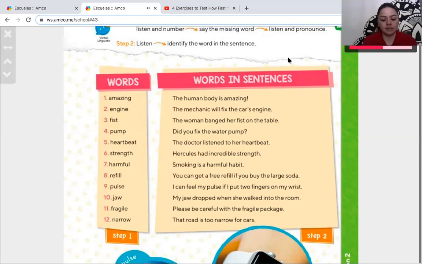Amazing, amazing. Narrow, narrow. Pulse, pulse. Heartbeat, heartbeat. Engine, engine. Jaw, jaw.